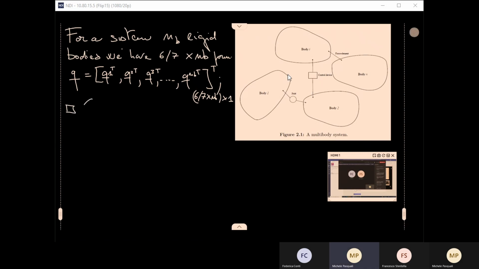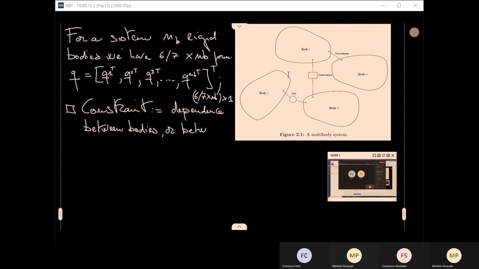So a constraint is a dependence between bodies, or a body and the environment, let's say. Okay.